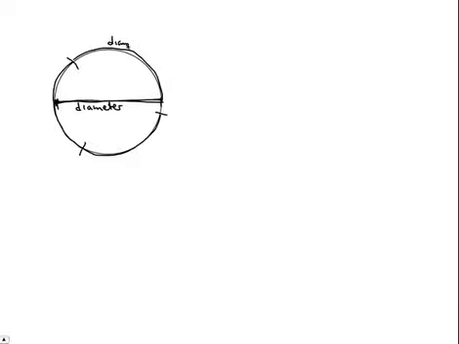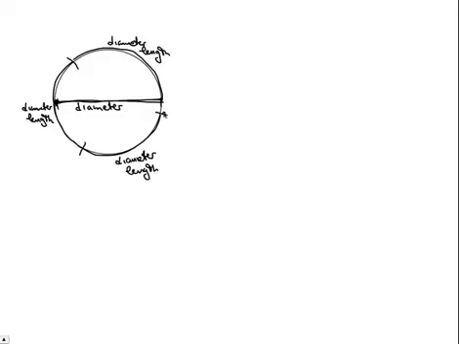There's one diameter length, followed by another diameter length, followed by a third diameter length. So we're wrapping diameter lengths around the circumference to discover that almost 3 diameters fit around the circumference, but not quite.